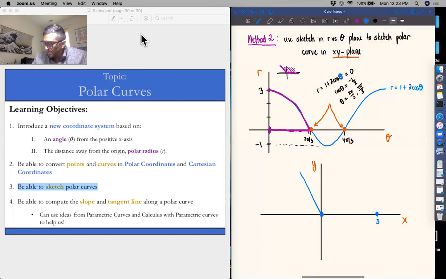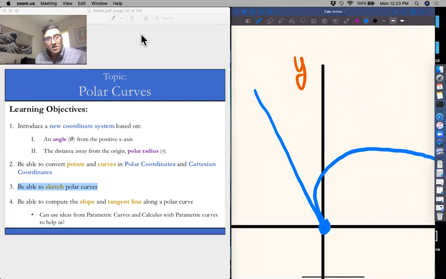As r is changing, it's going smaller and smaller. So we know our curve, as we're nearing that angle of 2 pi over 3, we eventually need to circle in to r equals 0 at that very specific angle.